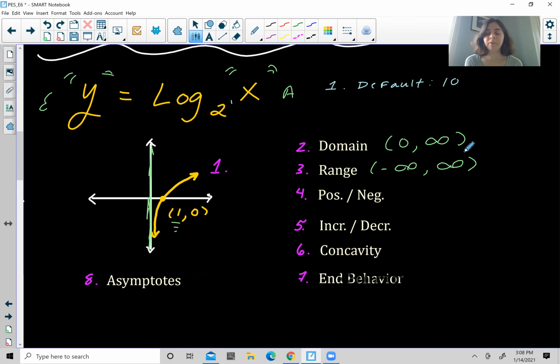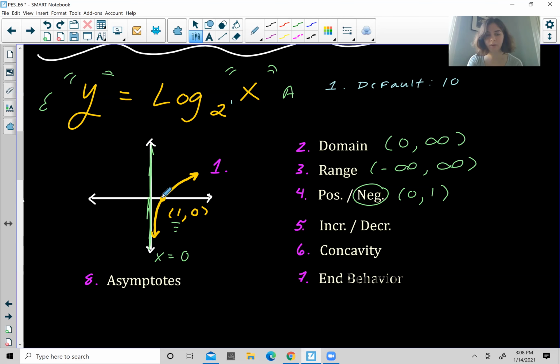But for number 4, so where's the graph positive and where is it negative? I can already see where it's negative. So we have that asymptote at x equals 0. And you can see that the curve is below the x-axis at that point. So from 0 to 1, our curve is going to be negative. And you can see that on the graph here, how it's approaching negative infinity when it's getting closer to the 0.